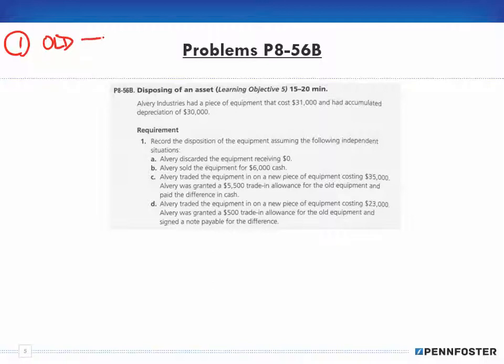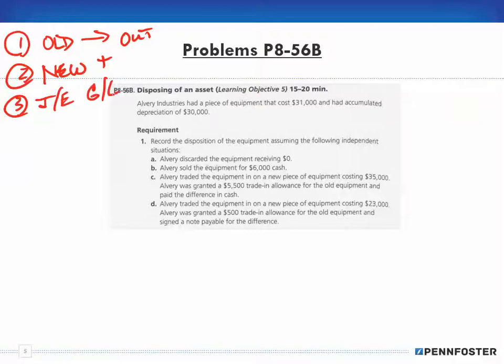Then two, add the new equipment, if a new one is necessary. And three, you take the difference between the two as part of the journal entry, the gain or loss.